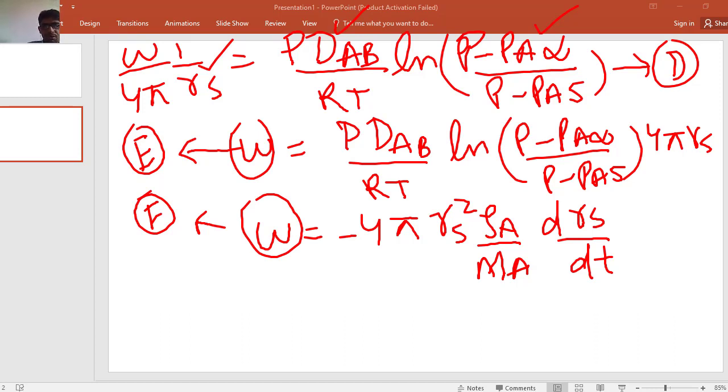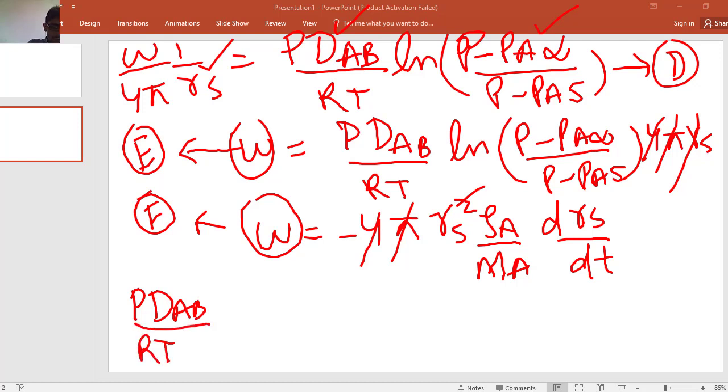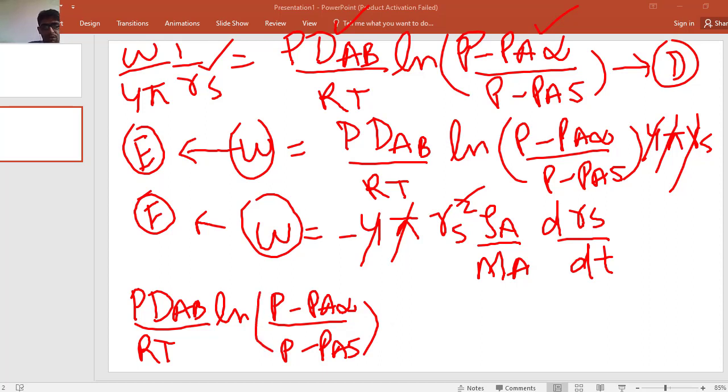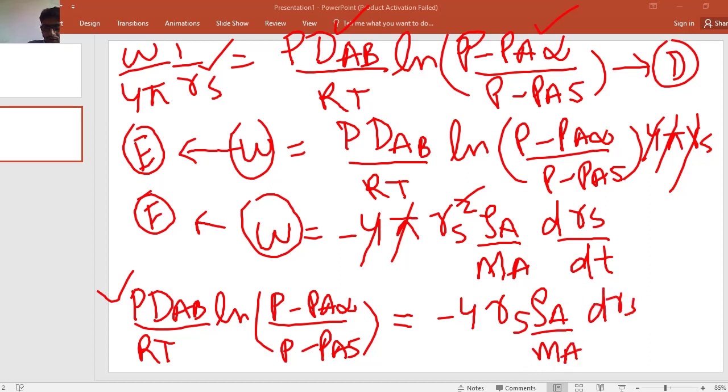We will get a 4 pi, we cancel with 4 pi, the r is cancelled with rs, and we will get P dAB RT ln P minus PA infinity, P minus PA S, P dAB divided by RT ln P minus P infinity divided by P minus PAS is equal to minus Rs density, molecular mass, and the change in the radius with the passage of time.